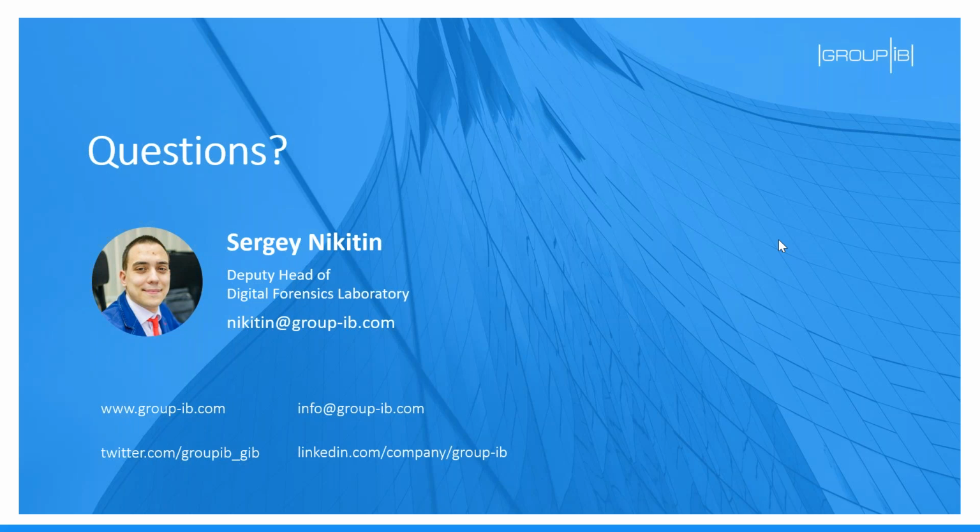This solution is not connected to the incident response process, but it's just a cool solution which we saw at some clients, and it can be very useful for everybody.